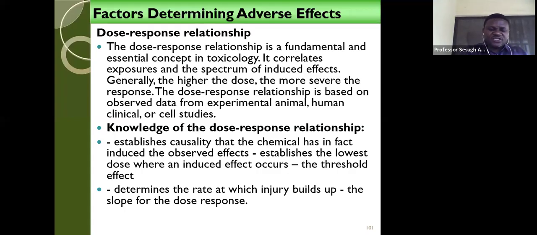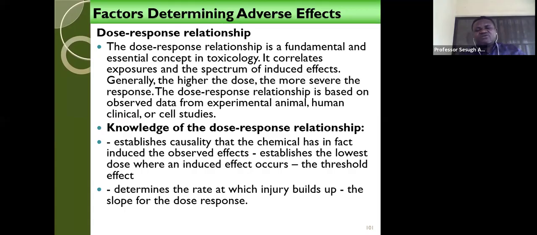Now, at 0 milligram per liter of the chemical, what was the corresponding level of diabetes in the blood of that animal? You mark it. At 0, you expect that nothing was administered, so there will be no change.